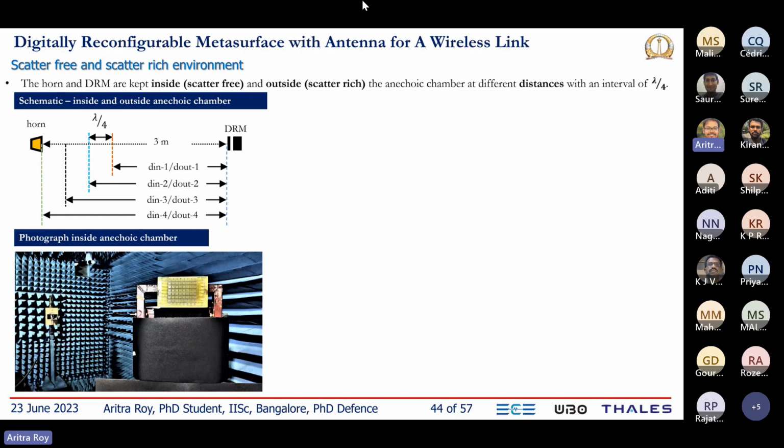So we performed an experiment inside and outside the anechoic chamber. Here we changed the distance between the transmitter, DRM, the proposed modulator, and the horn antenna. We changed the distance between the transmitter and receiver by a multiple of lambda by 4, which corresponds to 90 degrees.